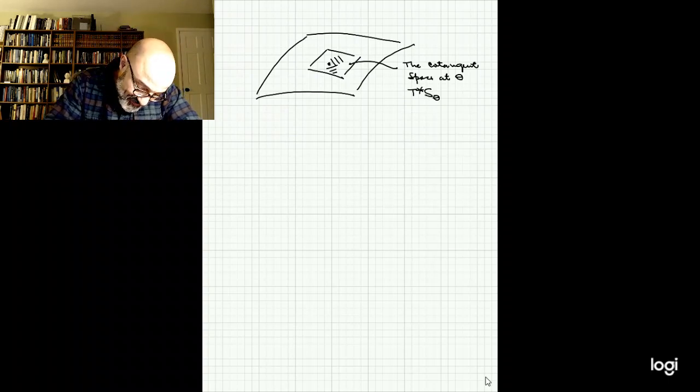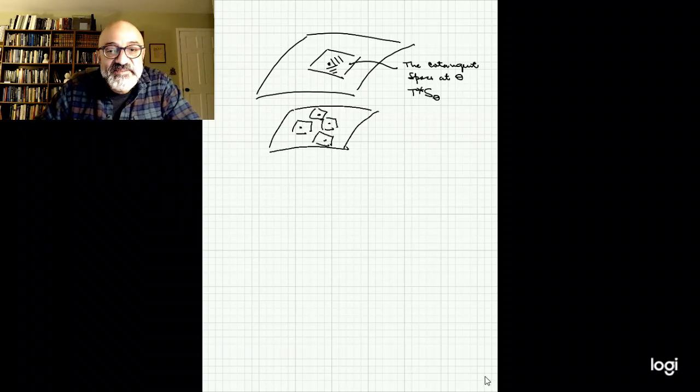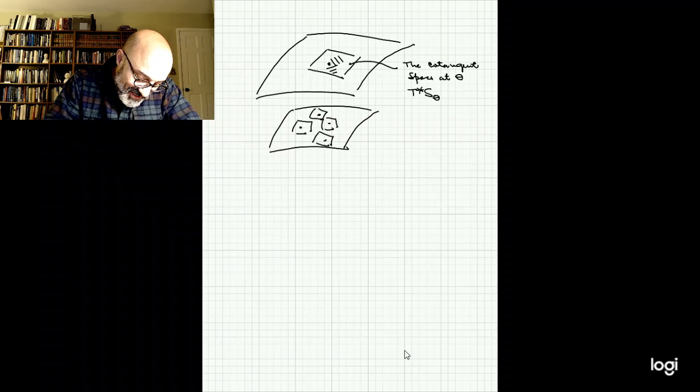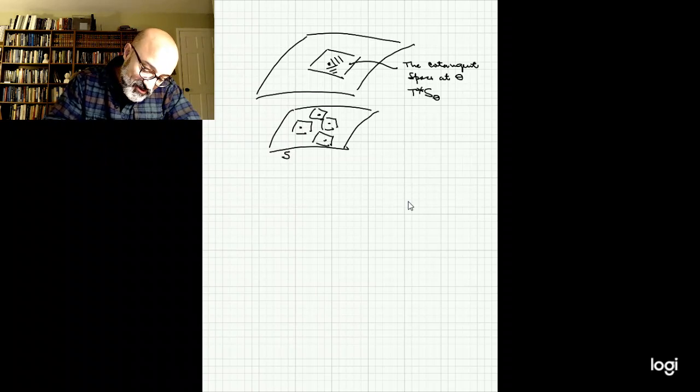This is written like T star S at the point theta. And of course, what we would like to go for is this space that includes the base space, and all cotangent spaces. This is called the cotangent bundle.